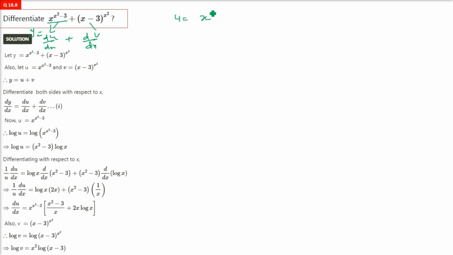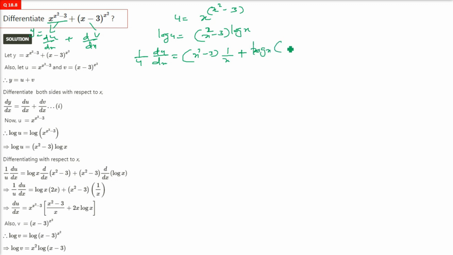U is x to the power x square minus 3, and log u is equal to x square minus 3 log x. 1 by u du by dx is equal to, now differentiation using the product rule, x square minus 3 times 1 by x, then plus, let it be plus, log x will take outside, and then x square minus 3 differentiation will be only 2x.